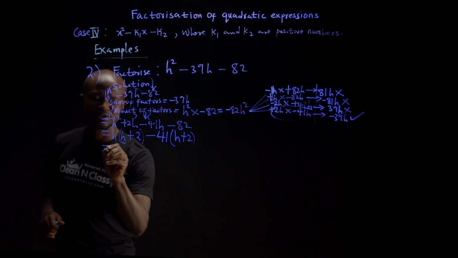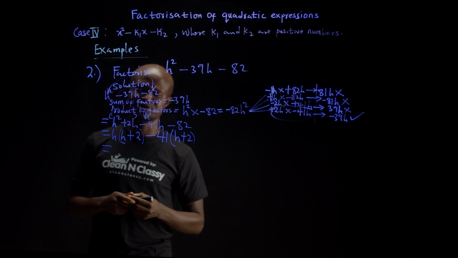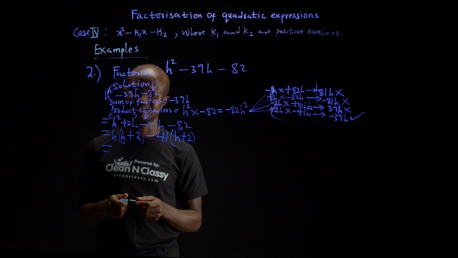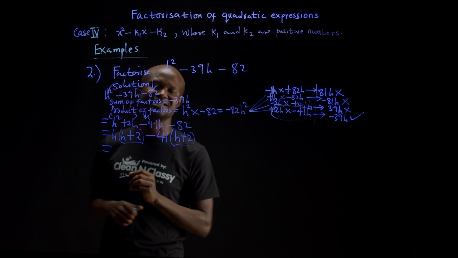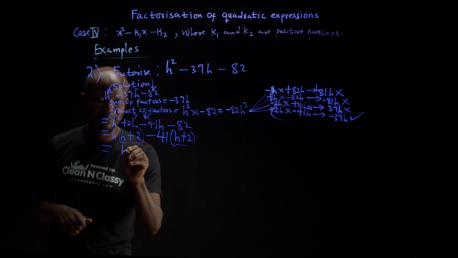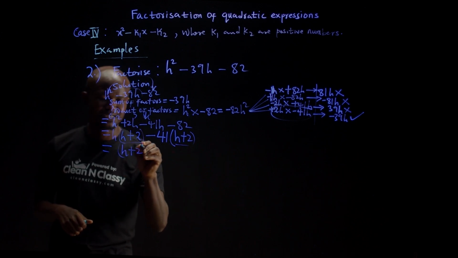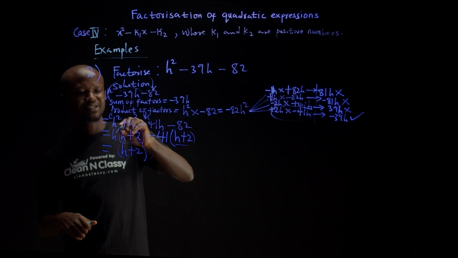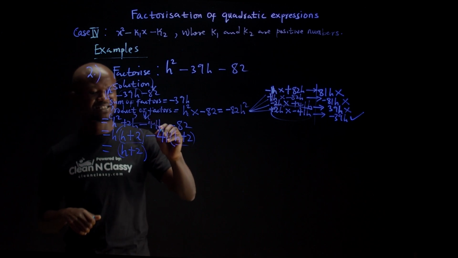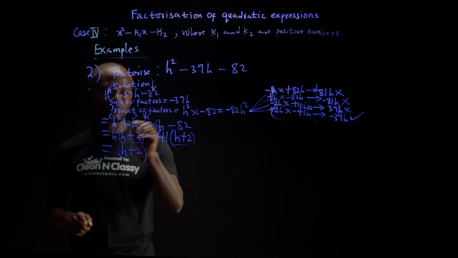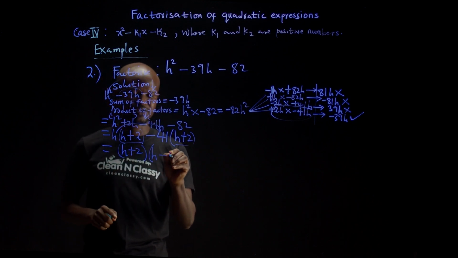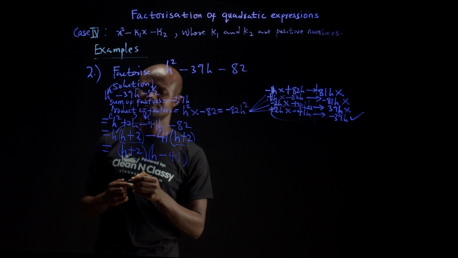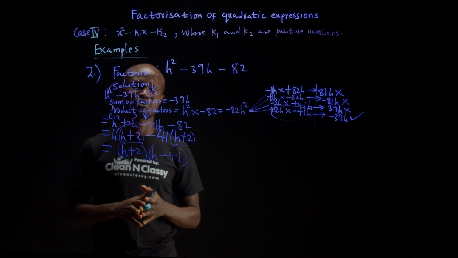So the next thing for us to do is to get our final answer. How do we get our final answer? Since what we have here is the same thing as what we have in here, we pick one of them, h plus 2. The second one inside the bracket, we are going to write this one together with this. That is, we have h, then minus 41. So this is the solution to the problem.